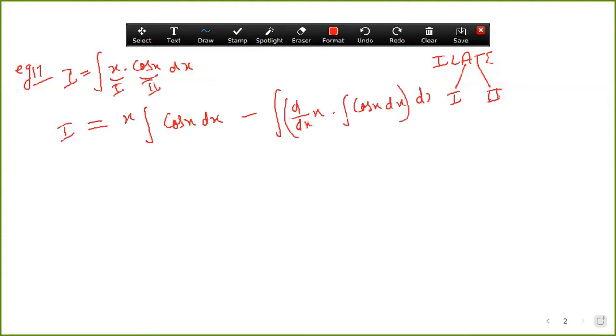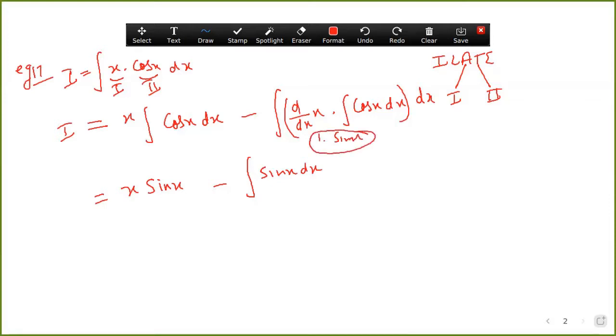What do you get? x times sin x minus the integration of 1 times sin x. The derivative of x is 1 and the integration of cos x is sin x, so 1 into sin x comes out as sin x.